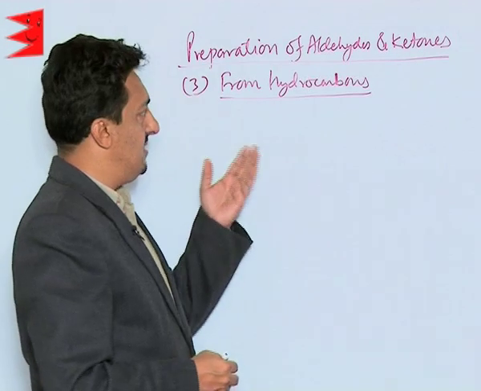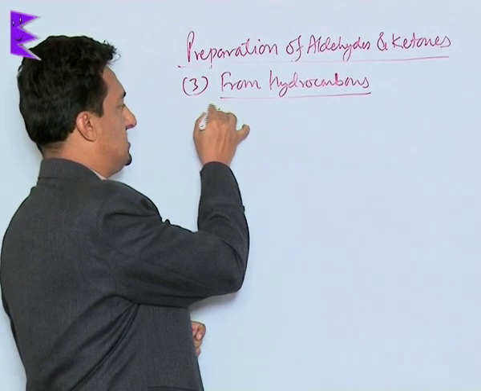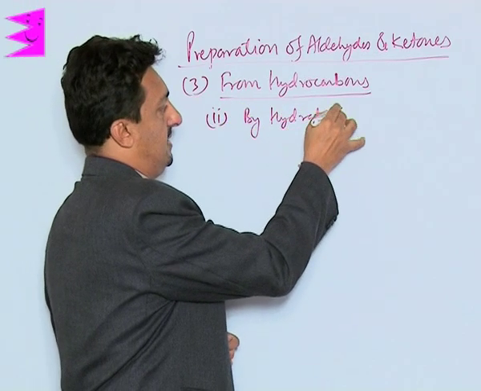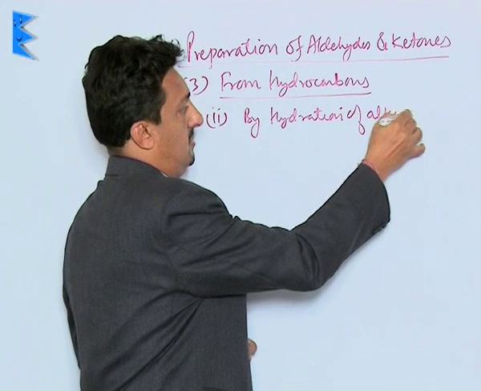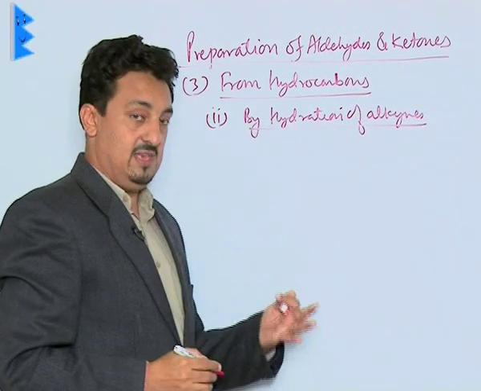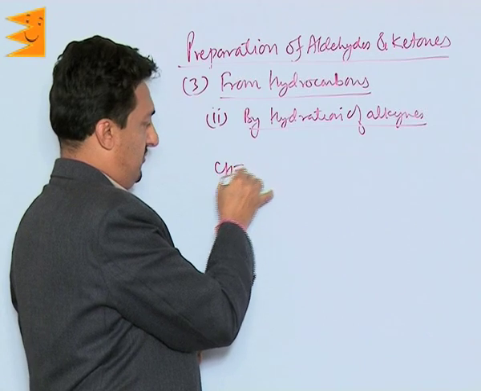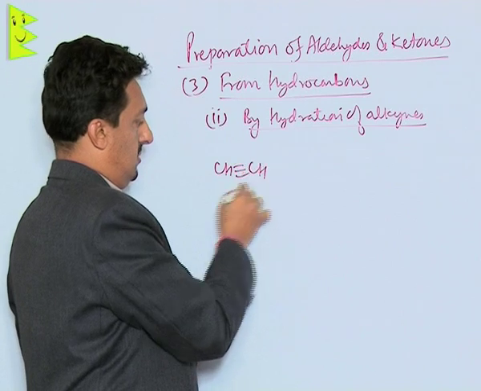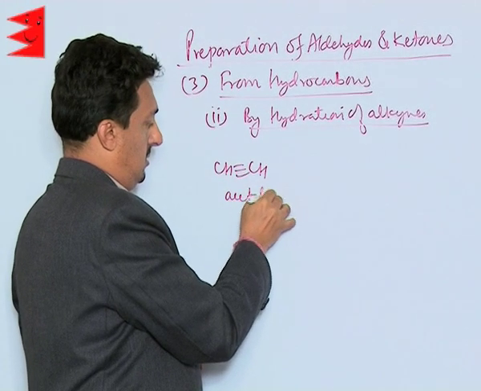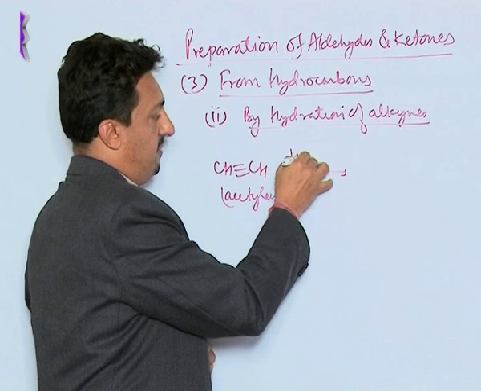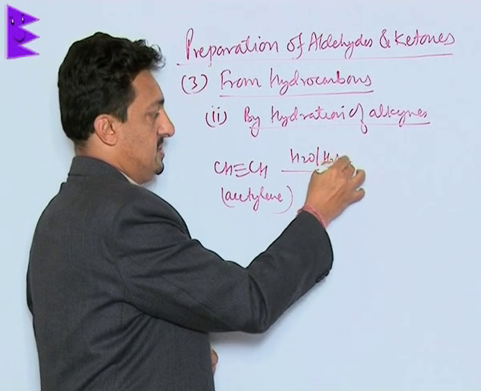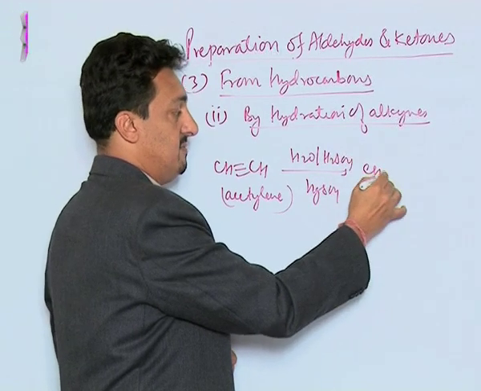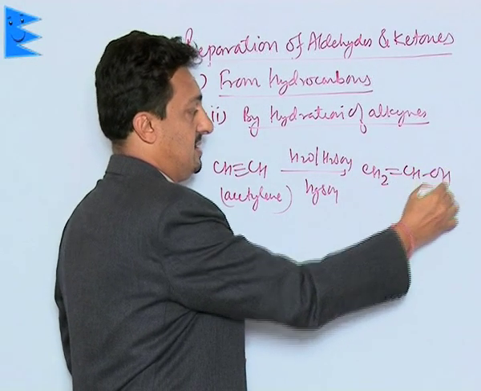The second method under the same heading, from hydrocarbons, is by hydration of alkynes. We know if we have acetylene like this one, and we put water in presence of H2SO4 and mercury sulfate, addition takes place like this.